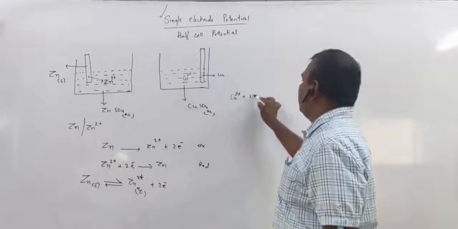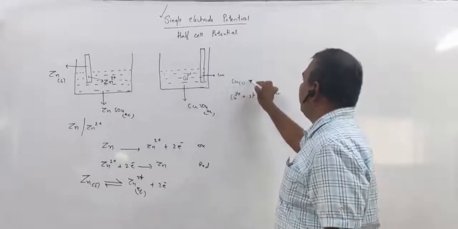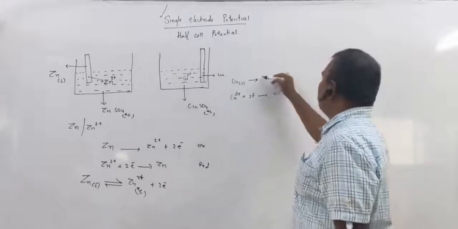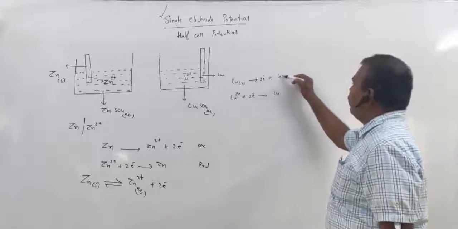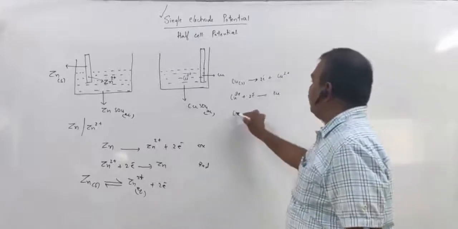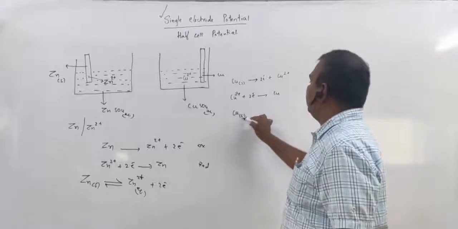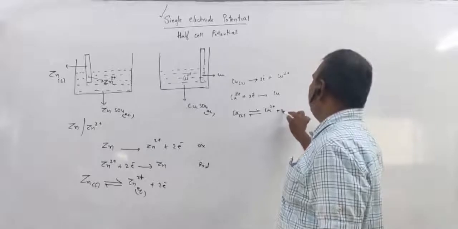Cu2+ ions with 2 electrons give rise to Cu. Cu may lose 2 electrons on the surface of the rod and convert into Cu2+. After some time, the reaction reaches equilibrium state.